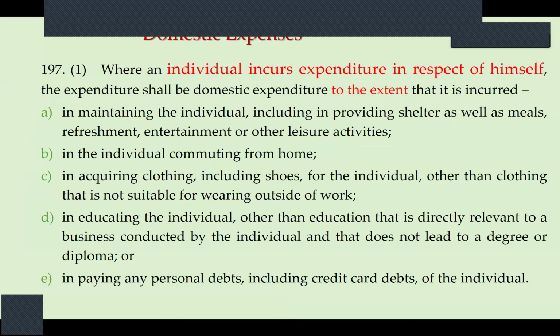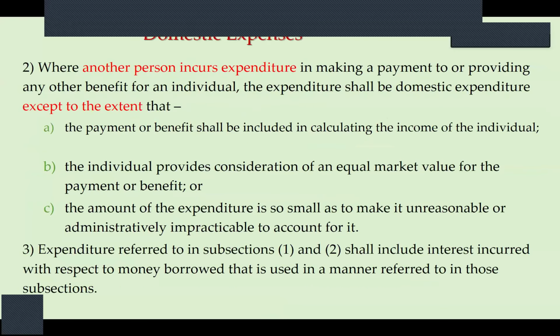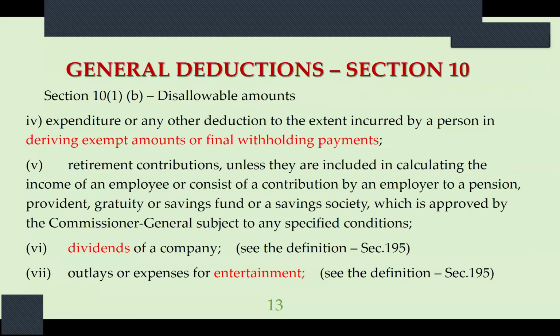Then I have mentioned what the domestic expenses are here. So what are the domestic expenses? Prior to that, I would like to explain the other expenses, because this section 10(1)(b) is a very lengthy one. If we refer to it in the Act, it is easy, because domestic expenses are given in a separate place.